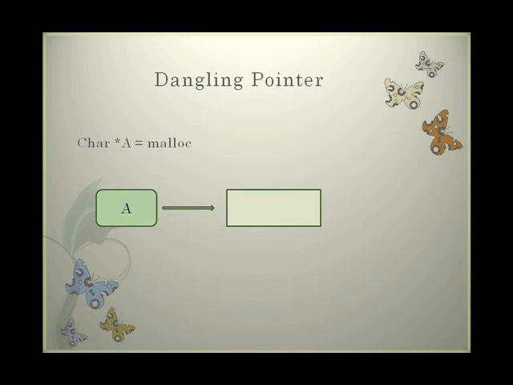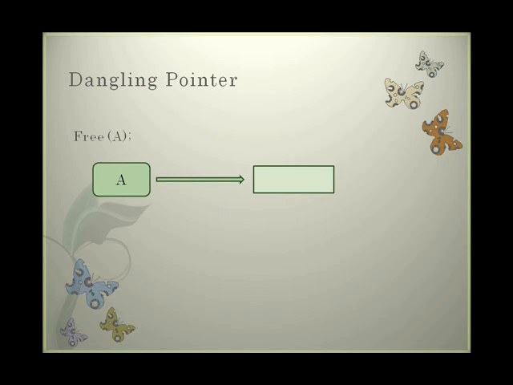Let's say a pointer called A points to a memory location by using the malloc function, which is used in C. Then we use the free command without pointing the pointer at null. So now what happened is A is pointing to an empty memory location. That was the issue of the dangling pointer.